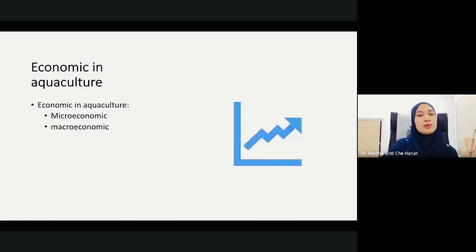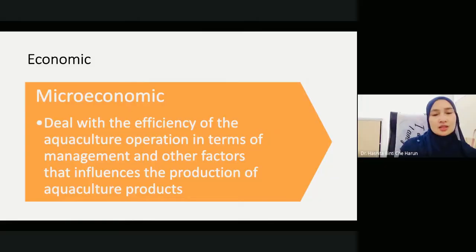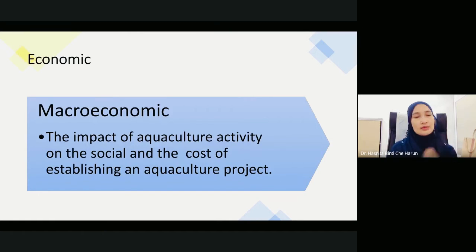The macroeconomic is the area dealing with the efficiency of the aquaculture operation in terms of management and other factors that influence the production of the aquaculture product. For instance, the type of species that you want to raise, the cost of the feed, labor, the facilities, and so on.